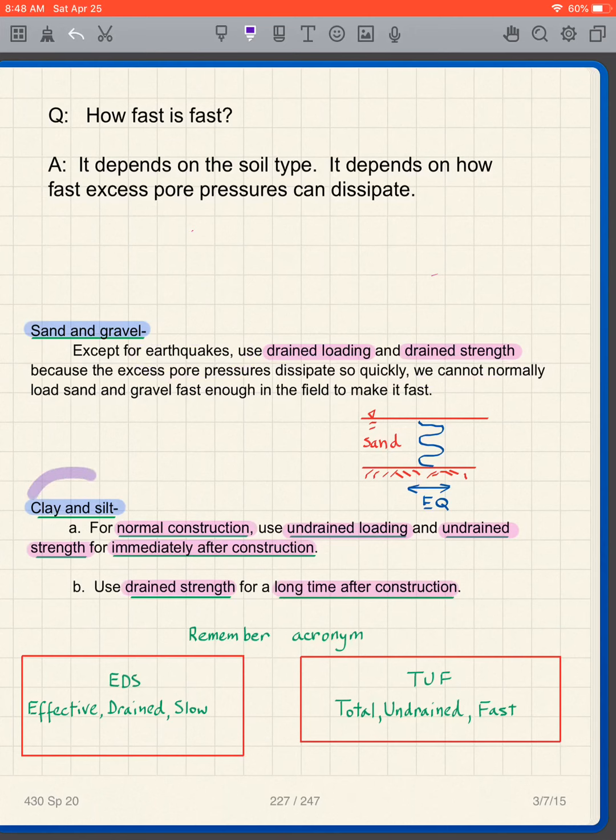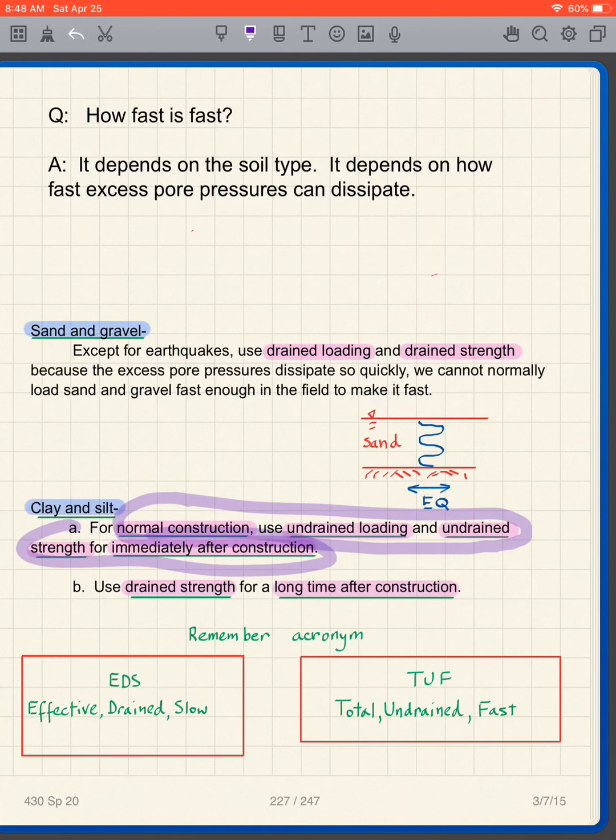On the other hand, for clay and silt, for normal construction, we would use undrained loading and undrained strength for immediately after construction. So in other words, let's just say it takes us a couple years to build our structure. Well, a lot of times a couple years is not enough time for all the excess pore pressures to dissipate.